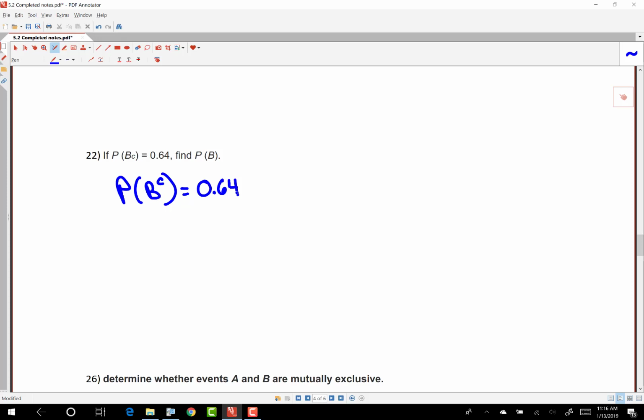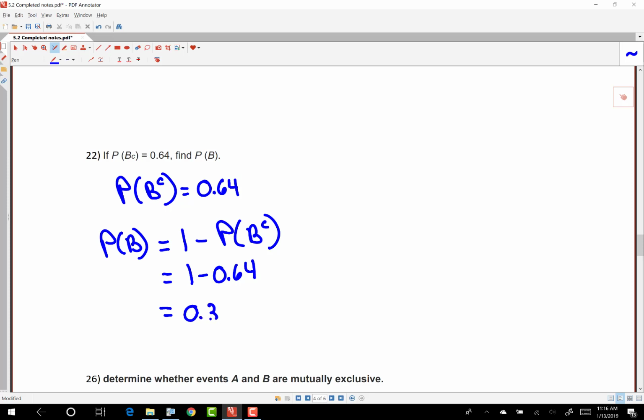They want us to find the probability of B. Well, we can use the rule of complements. The probability of B is always equal to 1 minus the probability of its opposite. So B complement. So the probability of B is going to be 1 minus 0.64, which gives us 0.36. So that would be the probability of B.